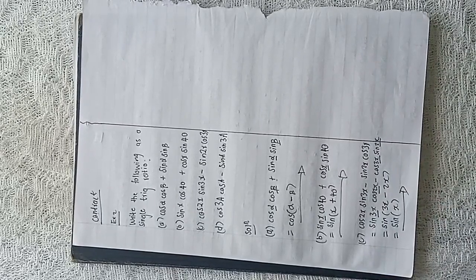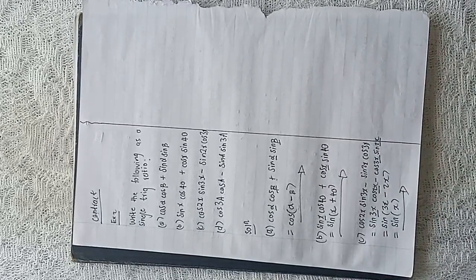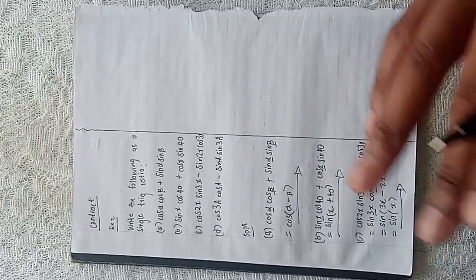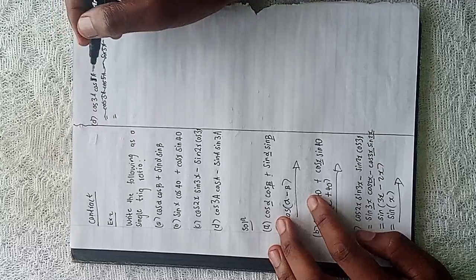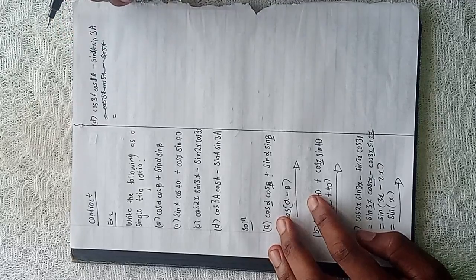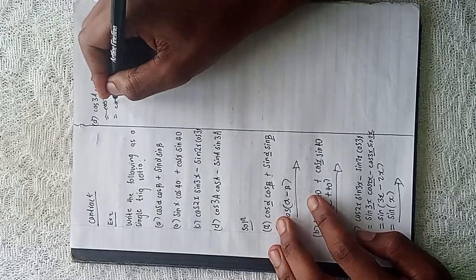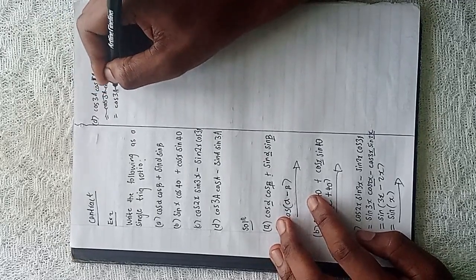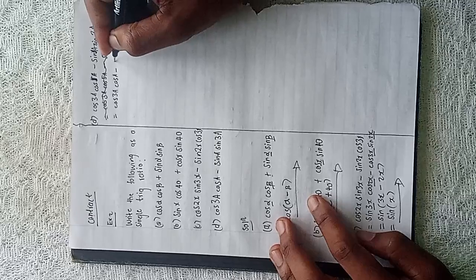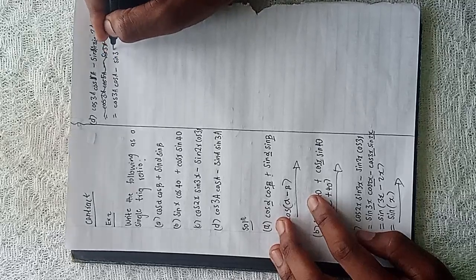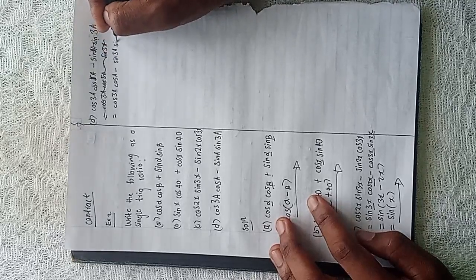Yeah, so far so good, we're just applying the formulas. For D, I'm just rearranging it. So cos 3a cos a subtract sine 3a sine a.